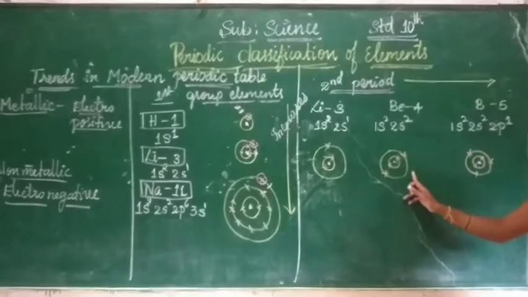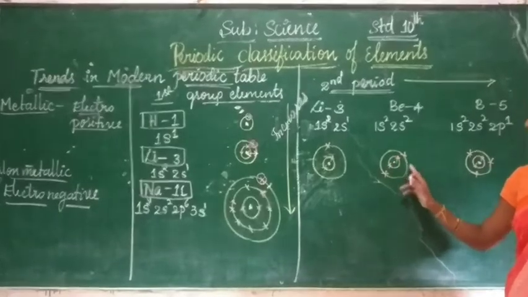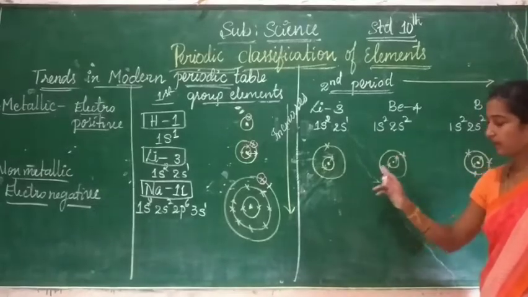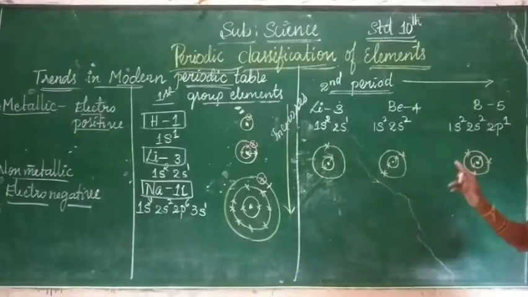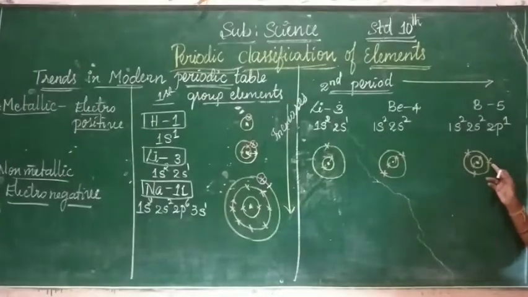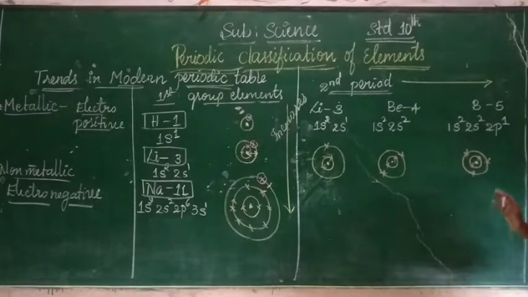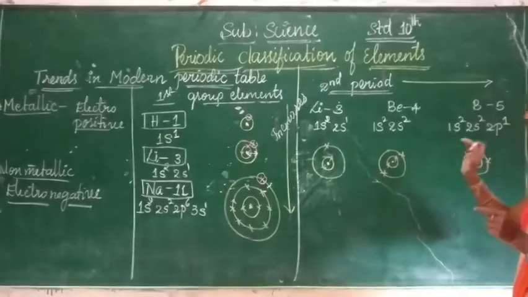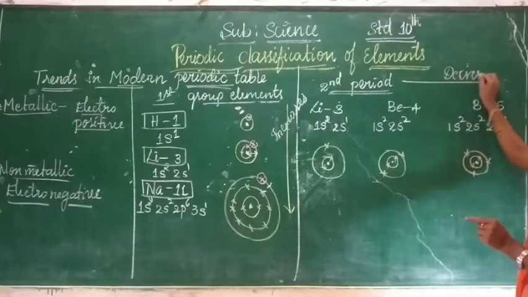When we compare to beryllium, it has two electrons in its outermost shell, and the size of this atom is quite small compared to lithium. Energy is needed to remove these two electrons. Now come to boron, the size decreases further and it needs more energy to remove the outermost electron. What happened? The electropositive character of the second period elements decreases.